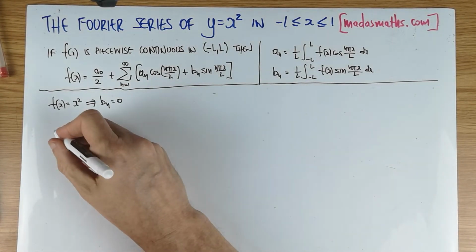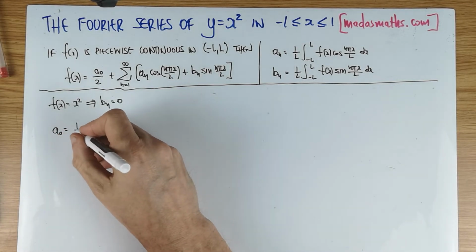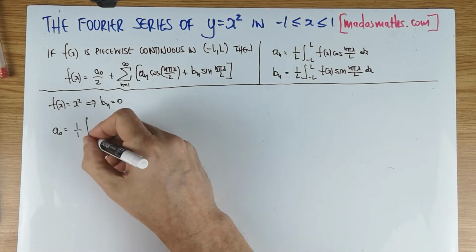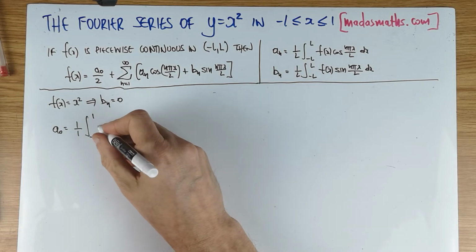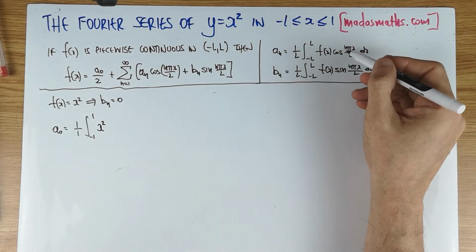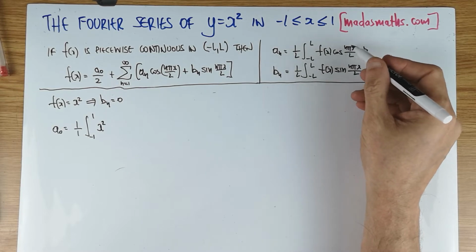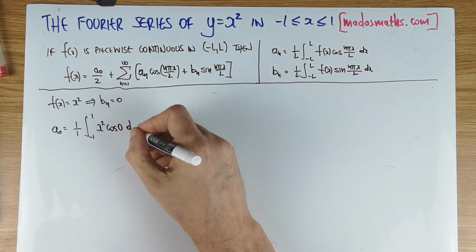So now the an's. Let's work out the a0 first of all. The a0 is 1 over 1, the 1 over L, the integral from -1 to 1. Your f of x is, of course, x squared. The cos, remember we're doing a0, so n is 0, so it's the cos of 0, which is 1, of course.